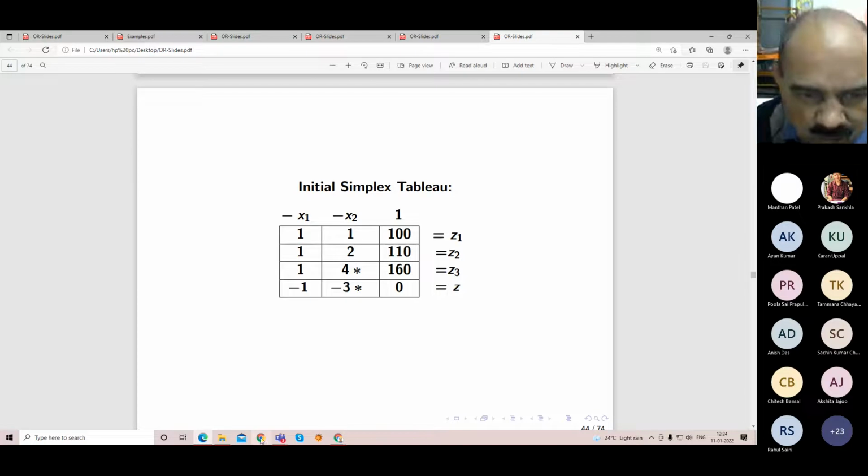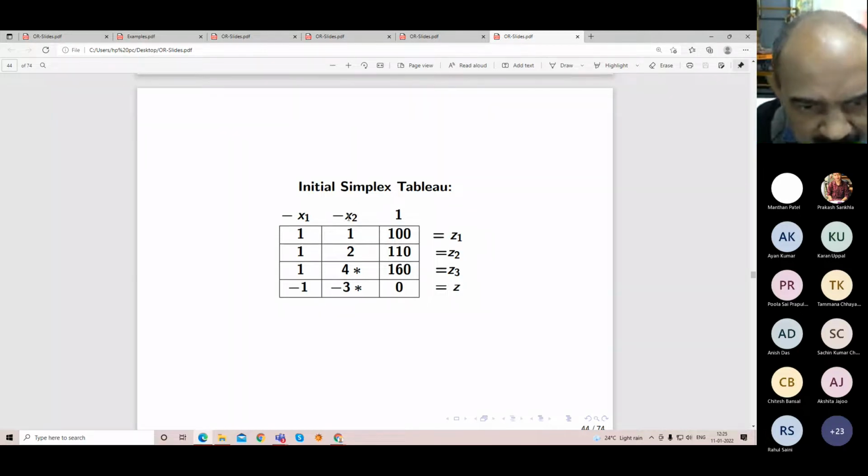See, how many columns do we have here? First column with respect to x1, second column with respect to x2, the third column is the constant right hand side value, 100, 110, 160. So on the top there are non-basic variables like x1 and x2.